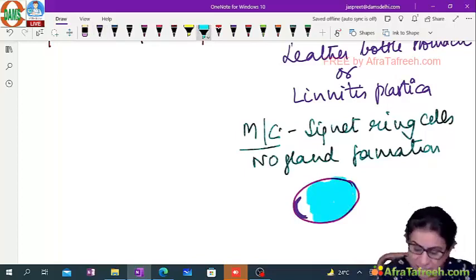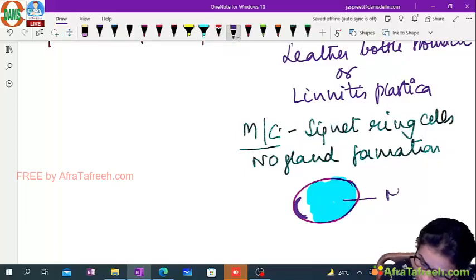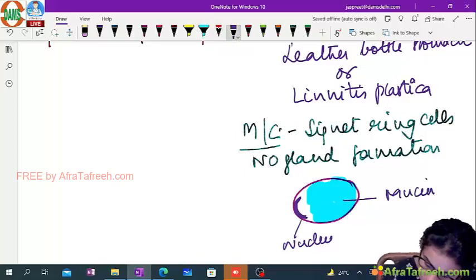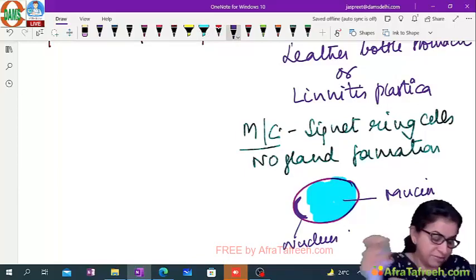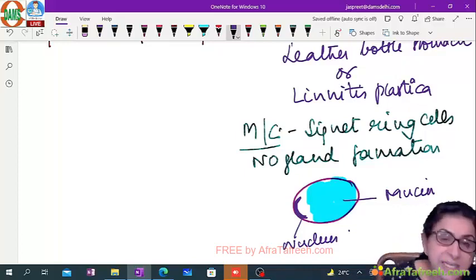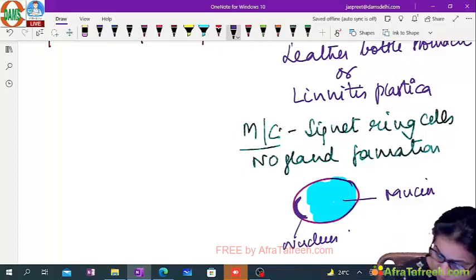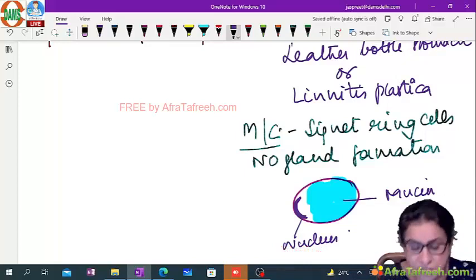So this is the mucin, and this is the nucleus pushed to one side. The cell looks like a signet ring. This is gastric cancer, the two histological types, intestinal and diffuse.